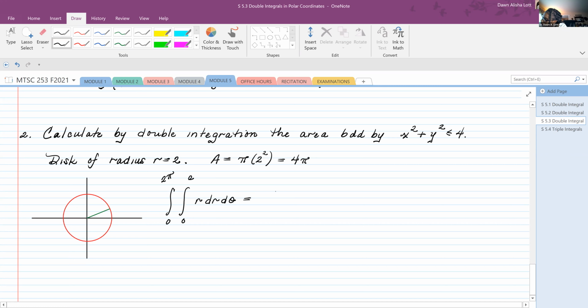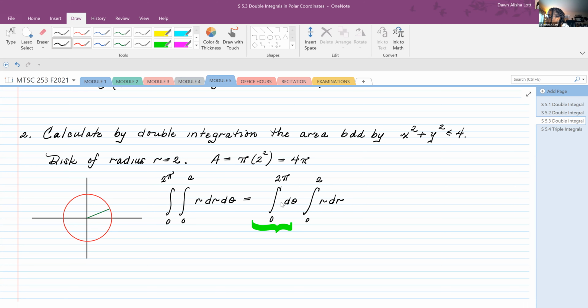So that's the integral from 0 to 2 pi of d theta times the integral from 0 to 2 of R dr. So this piece is easy. That just turns out to be 2 pi.